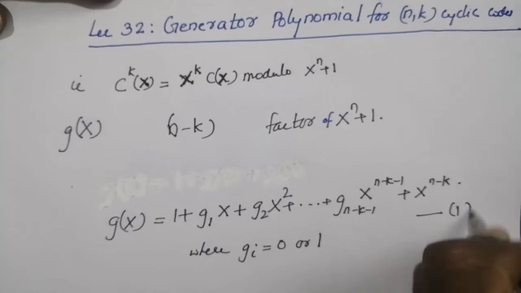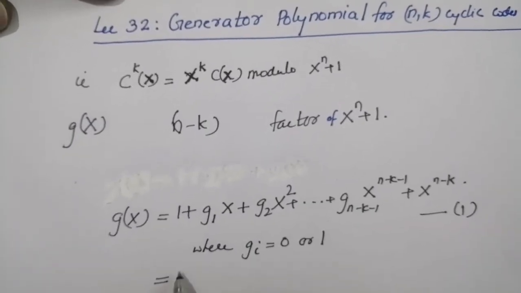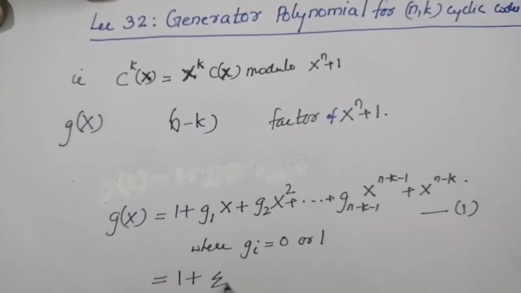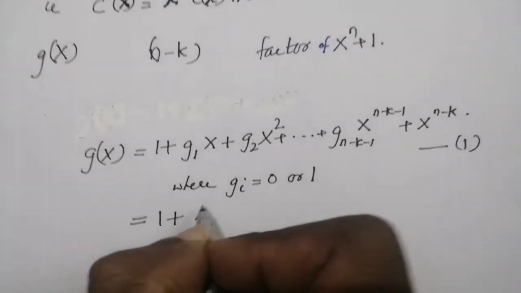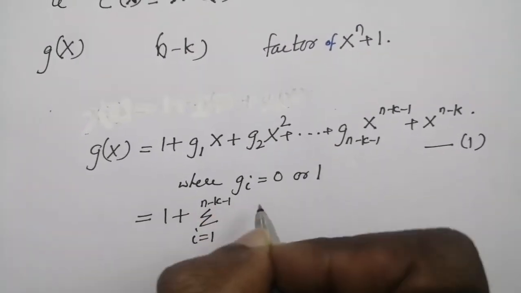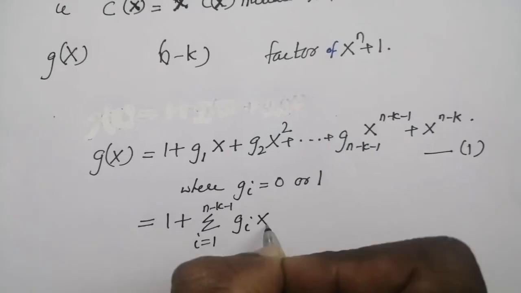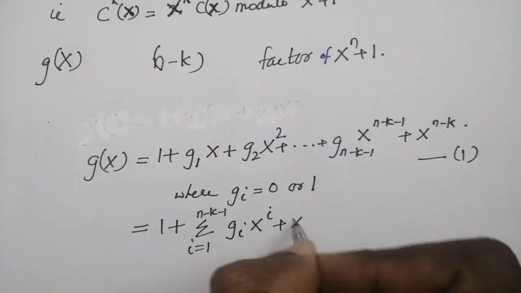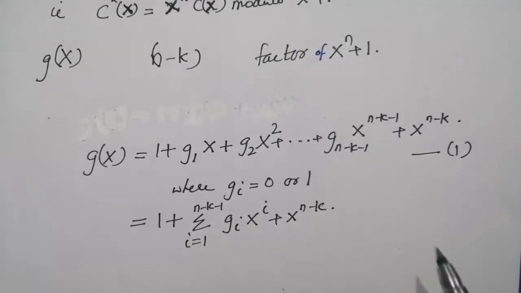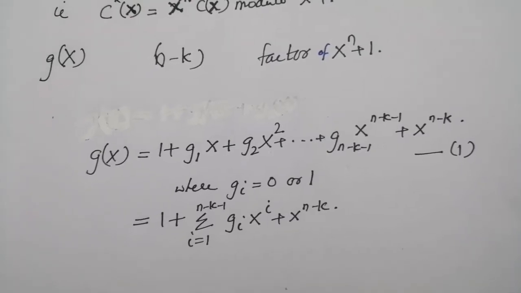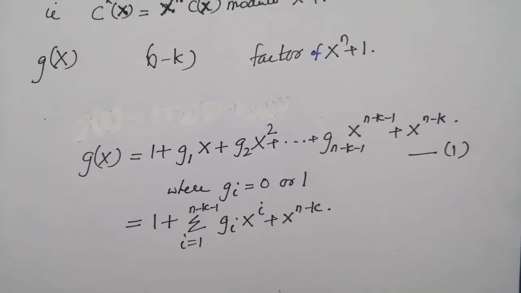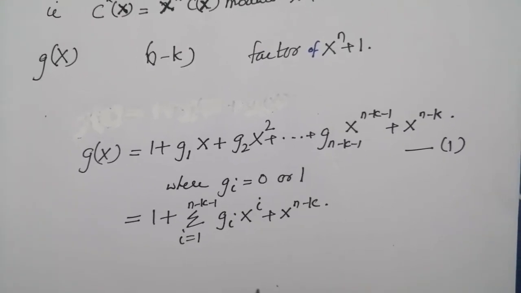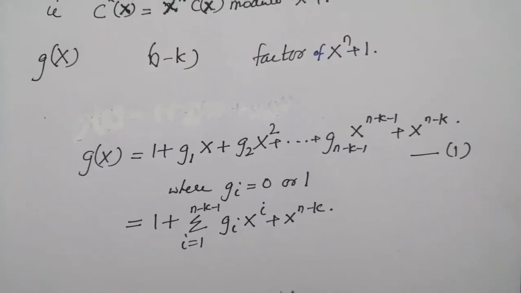So this equation can be written as 1 plus sigma i equal to 1 to n minus k minus 1 of g_i x raised to i, plus x raised to n minus k. Thus, g of x has two terms with coefficient 1 separated by n minus k minus 1 terms.